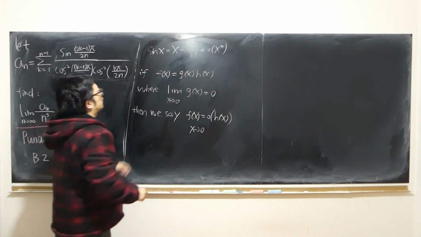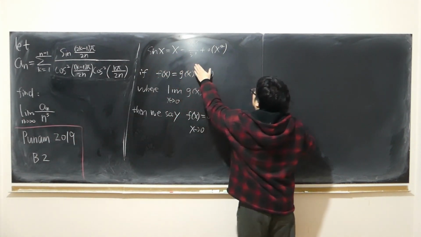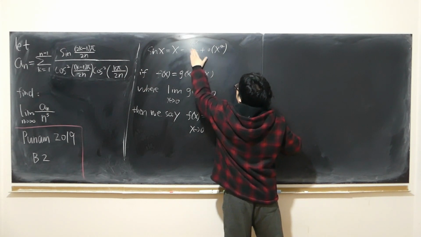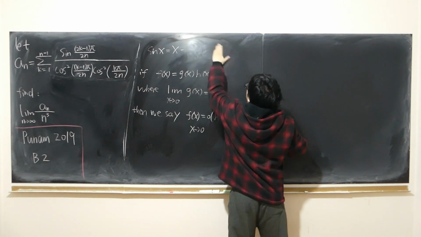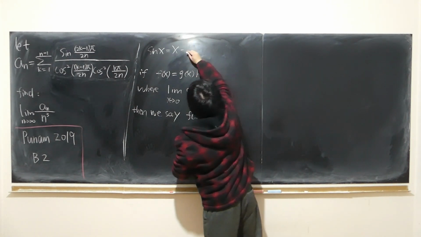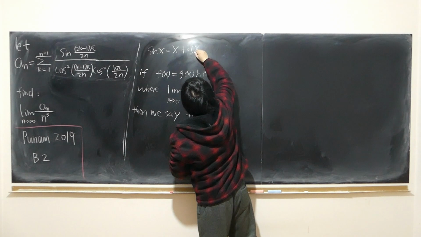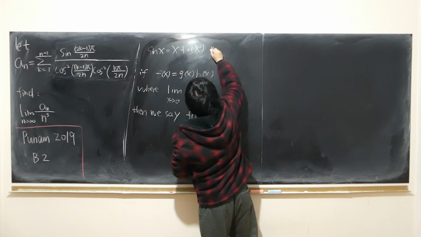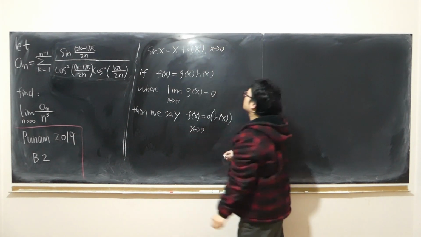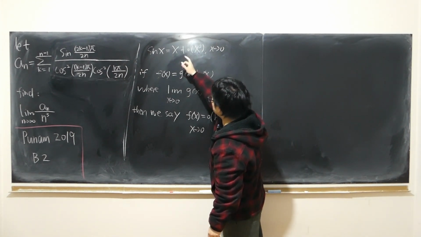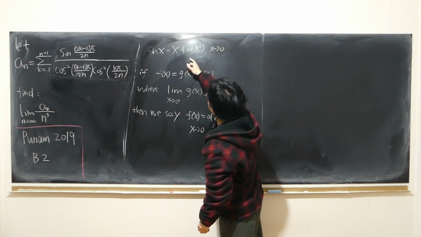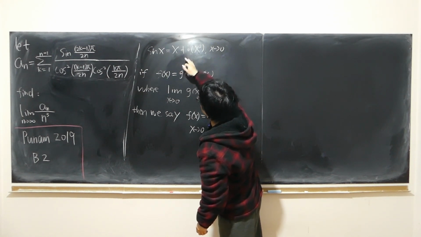So in this case, we don't even need this term. Don't even need that. All we need is plus little o of x squared. Right? Because the second term is 0 because the constant is 0. But we still write little o of x squared because there's a second term here.